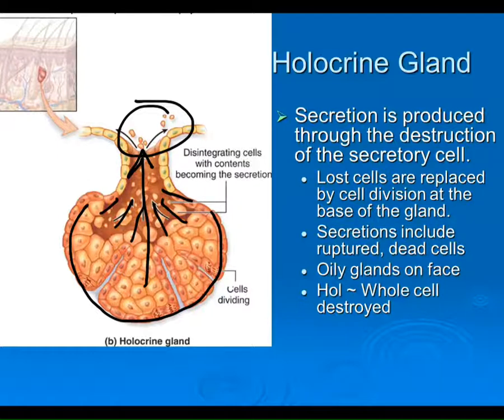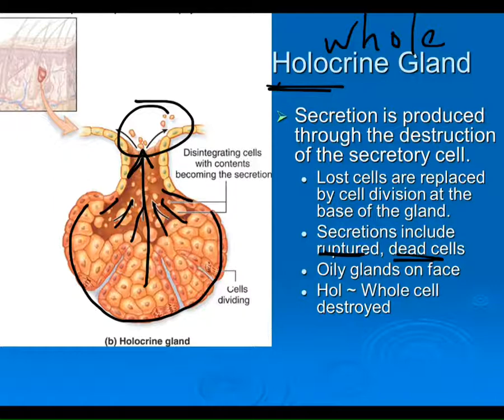The way I remember this is that in holocrine, the whole cell, right? The whole cell is destroyed in the process. And so these secretions include ruptured dead cells that tend to clog up our pores.